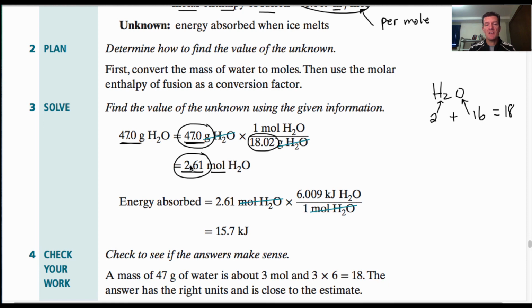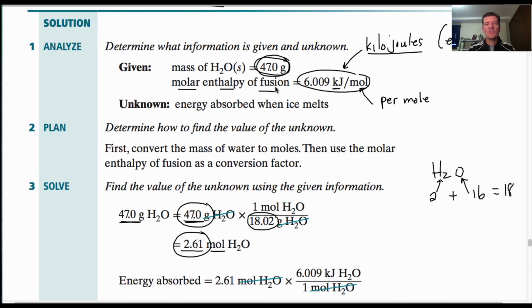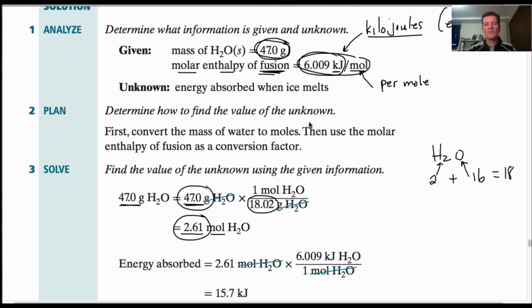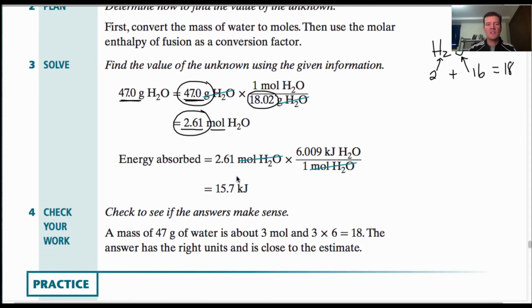So what does that mean? Well, in order to fuse the water here, I need 6.009 kilojoules per mole. So all I do is look at my units here. I want to cancel moles of water and convert to energy.